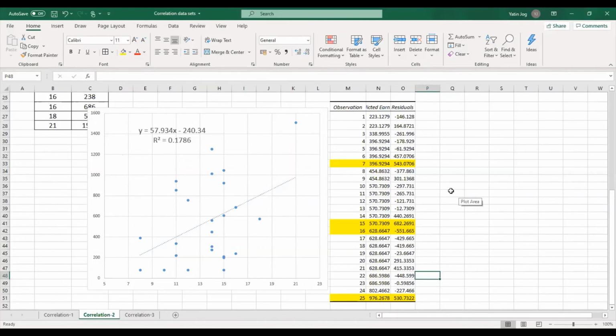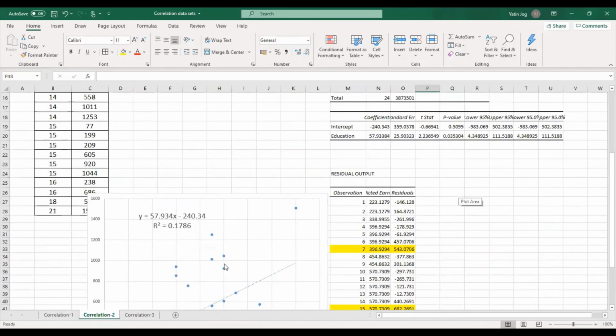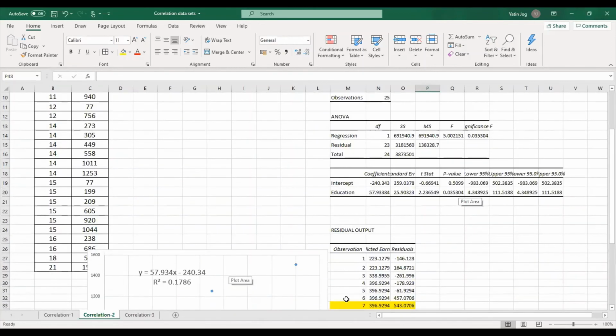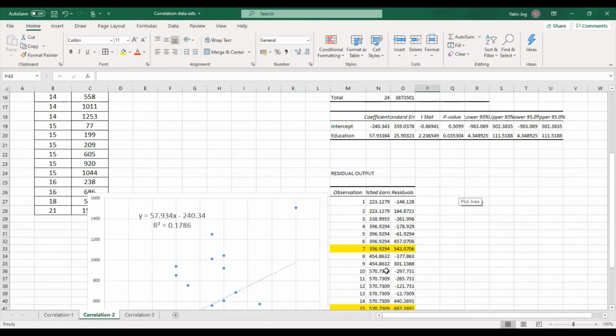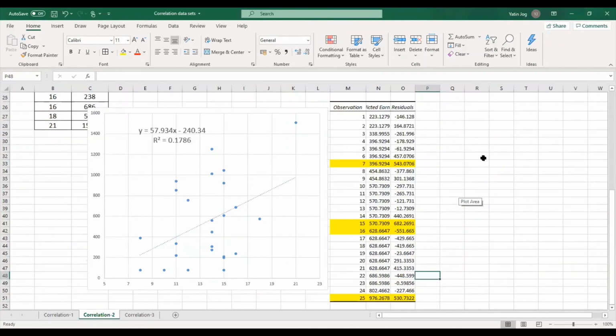So your task now, in the next 2 minutes, is to remove observation numbers 7, 15, 16 and 25 from your data set and rerun all these things. Again calculate R, again draw the scatter diagram, again run the regression, again run the residual output, and then give me the overall analysis of the new data set after removing these 4 points.